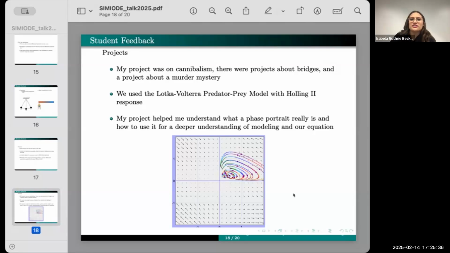This project really helped me to see that from this, I can tell you that if I increase this part, then this happens, and it shows that on the phase plane. We talked a lot about that in our project. That's mostly what our project was about. And so it really helped me tangibly grasp the concept of a phase plane.